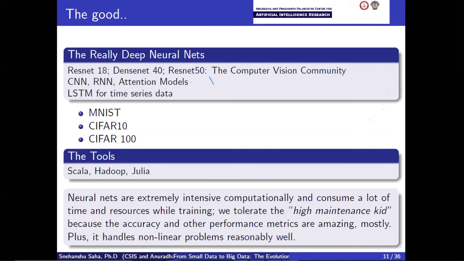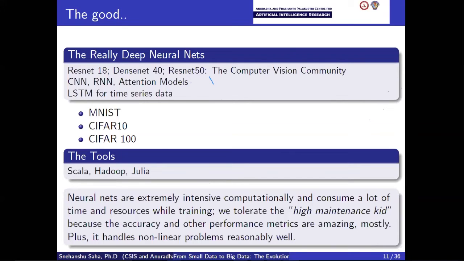Okay. So the question is, we say that these neural networks are really expensive, right? They consume a lot of time and resources while we train the network. We tolerate the cost and the other stuff because the accuracy a lot of times comes out to be really good, which the traditional small data pattern recognition techniques have trouble achieving, right?